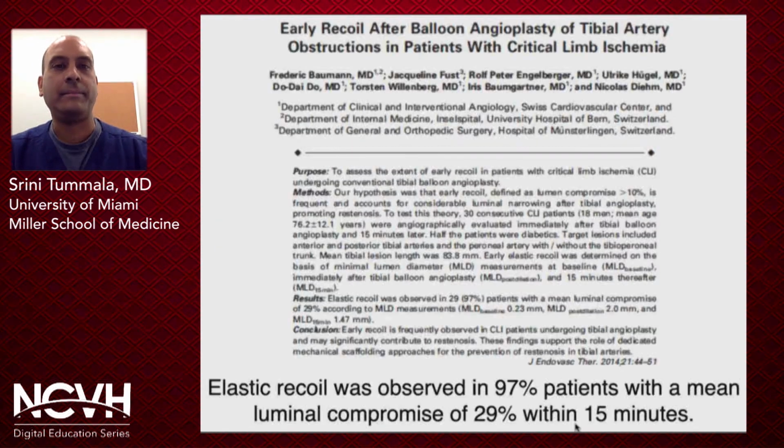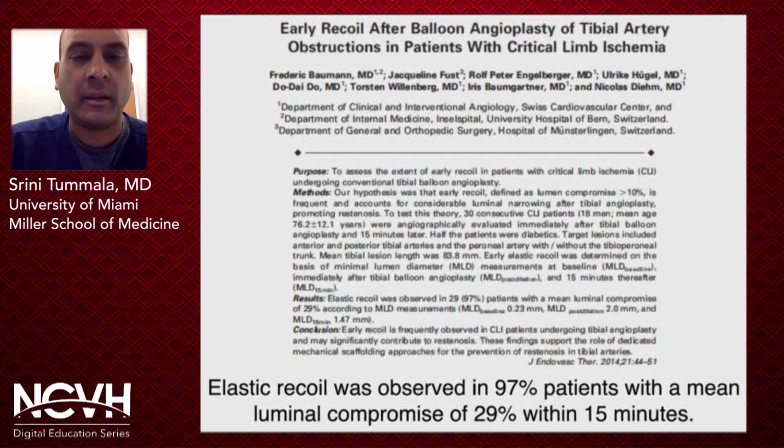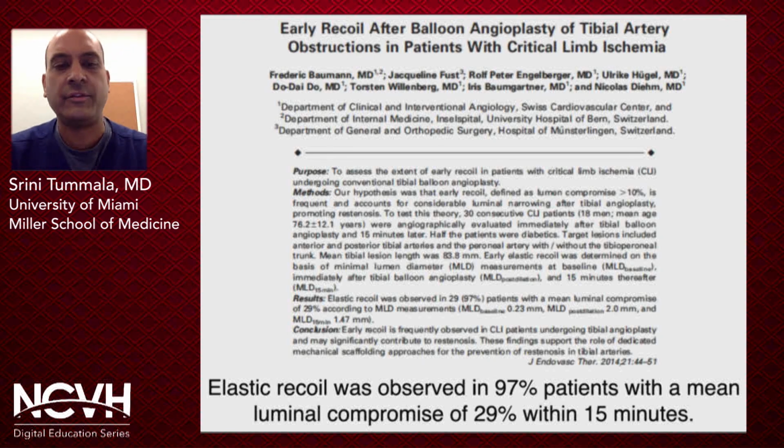So when it comes to treatment, a key concept is proper sizing of your angioplasty balloon. This is a study that was done really dealing with tibial vessels, but really applies to other parts of the body as well, in my opinion, especially when you're dealing with small vessels below the ankle. This is a study performed at the Swiss Cardiovascular Center where they basically did an angiogram of a tibial vessel, performed intervention, in this case angioplasty.